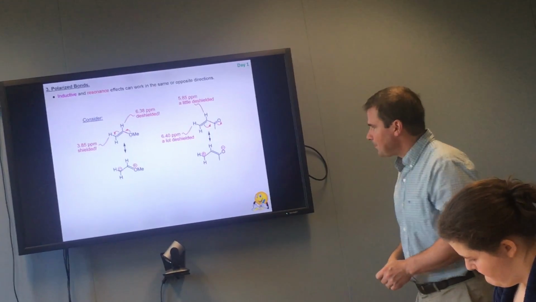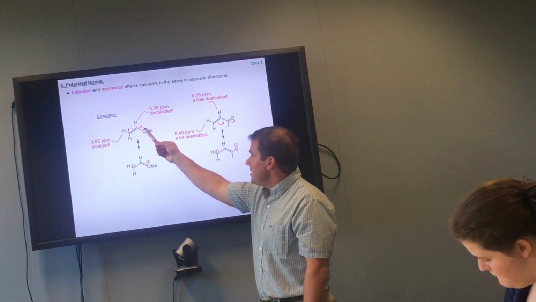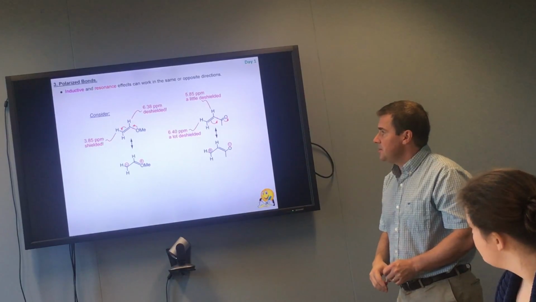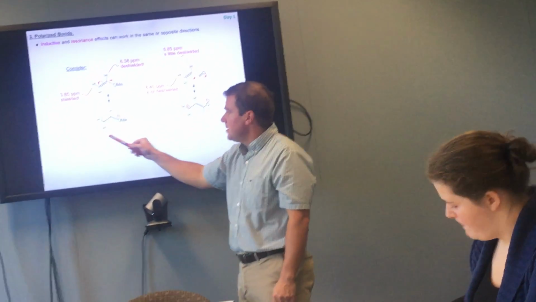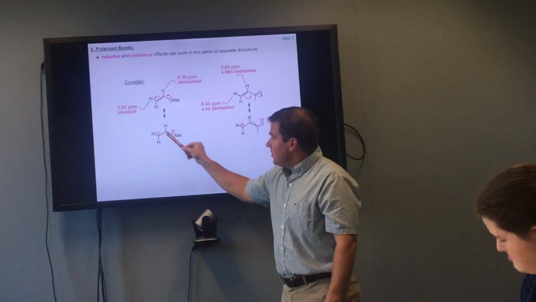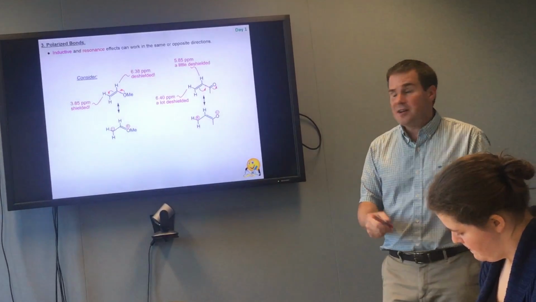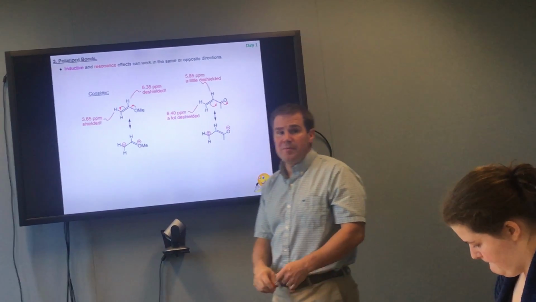Why might that be? Well, let's draw a resonance structure for a vinyl ether. We'll take the electrons that are present on the oxygen and pump them into the pi system. We can draw a resonance structure that looks like this. What happens when we do that? We build up negative charge on that carbon. What's the effect of that negative charge? It's to shield these protons from the applied magnetic field.